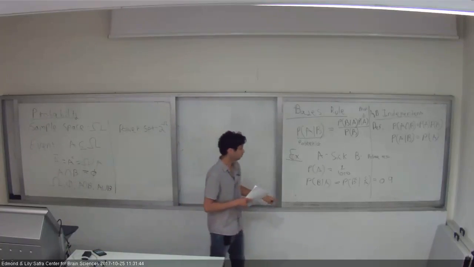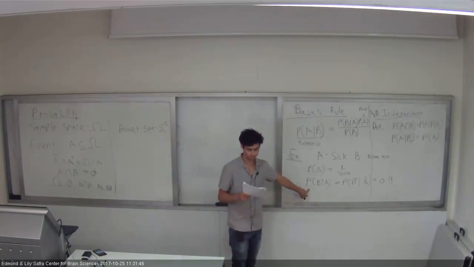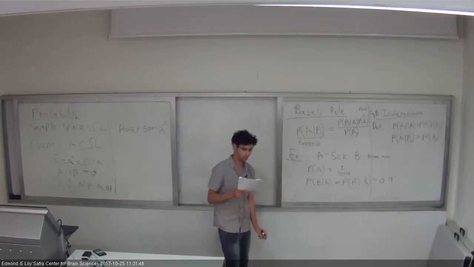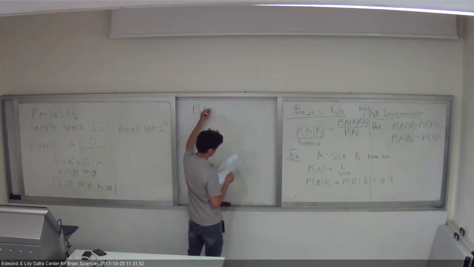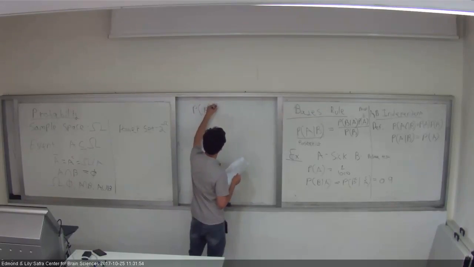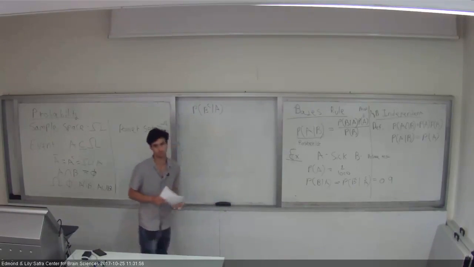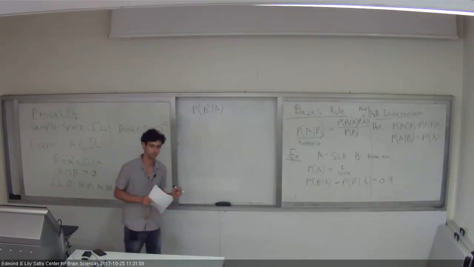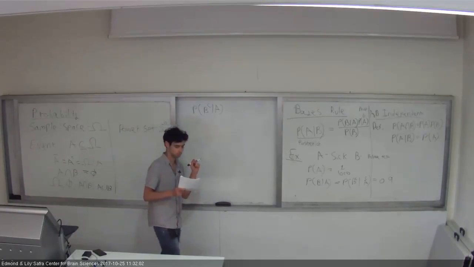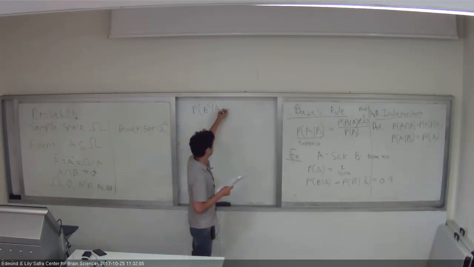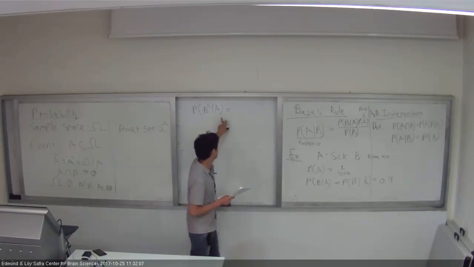Okay, so now we have this. What is the probability of the complement of B given A? 0.1, right. How do we get it?